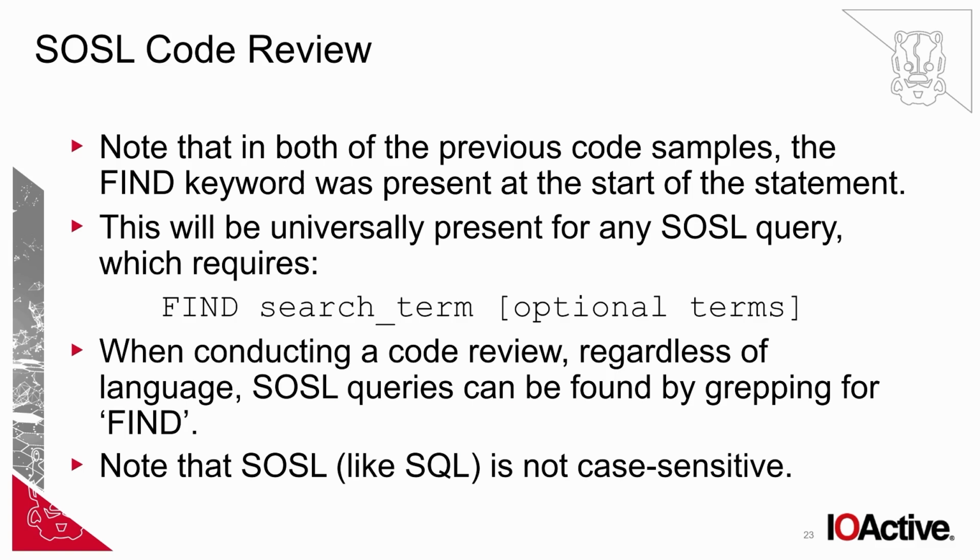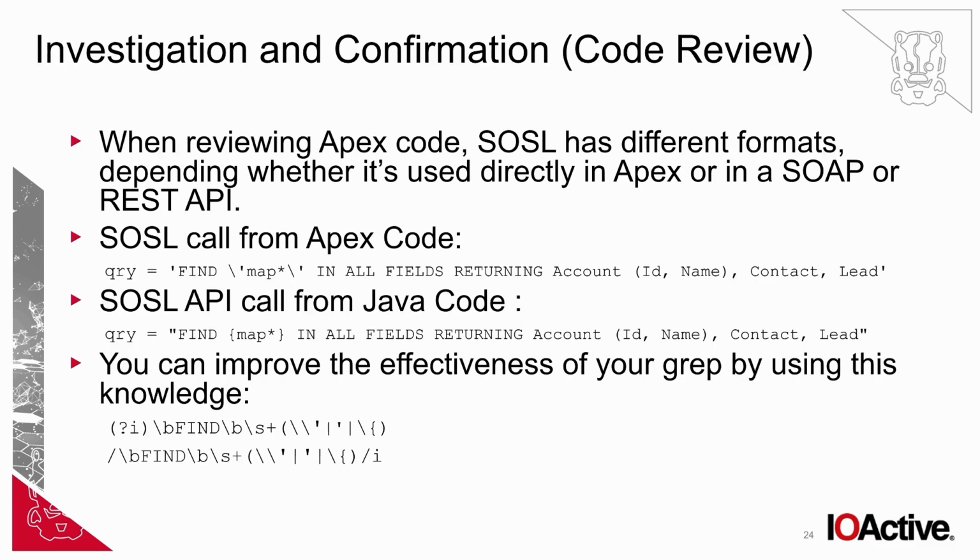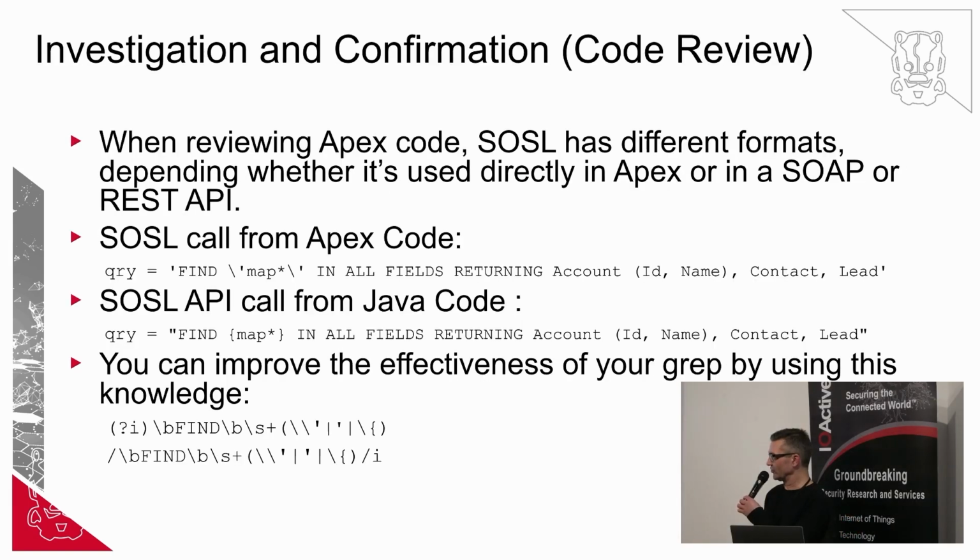Like SQL, it's not case sensitive, but unlike SQL, it's a bit more sensitive about spaces. So in both these situations, you would have FIND, which could be uppercase or lowercase. The space afterwards is necessary. You can't have no space. And then either the opening quote or opening curly brace.